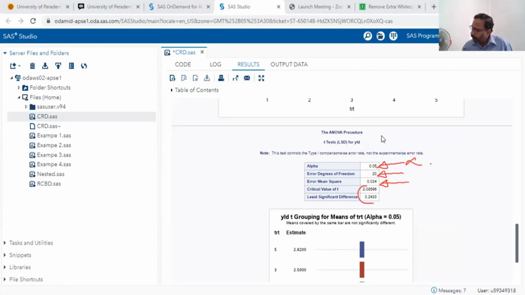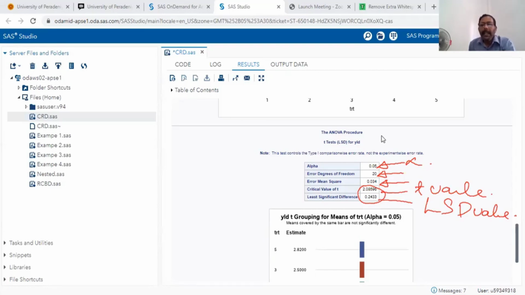These two, this is the critical T value, the T table value, can you remember? With the degrees of freedom. You will learn how to look at the T table. This is the T table value. Then this is called the LSD value.